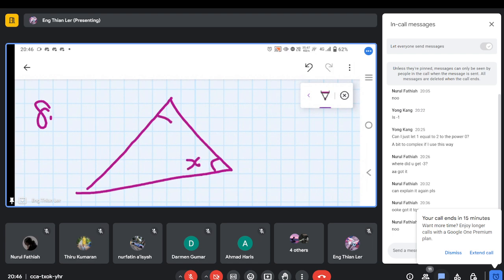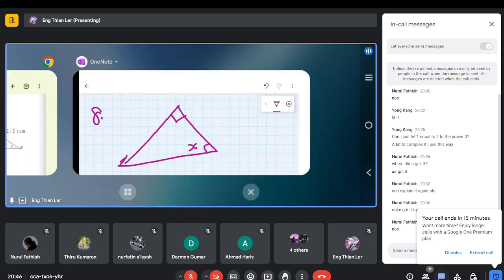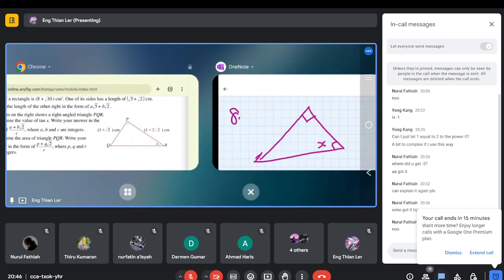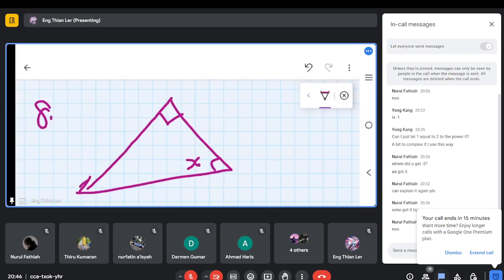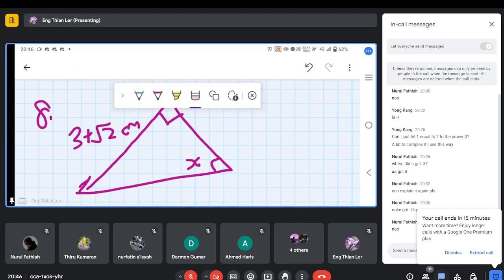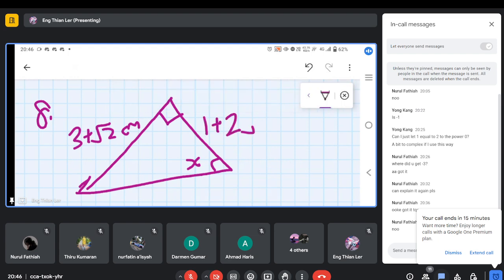This doesn't look like a right triangle, but it's okay. So what's the other side again? 3 plus root 2 cm, and this is 1 plus 2 root 2 cm.